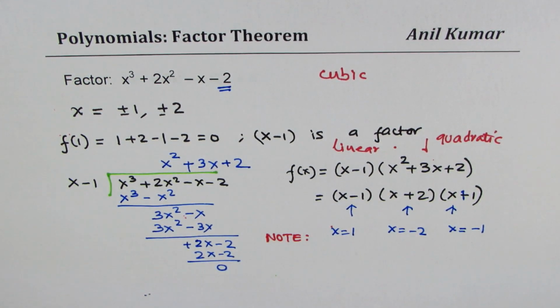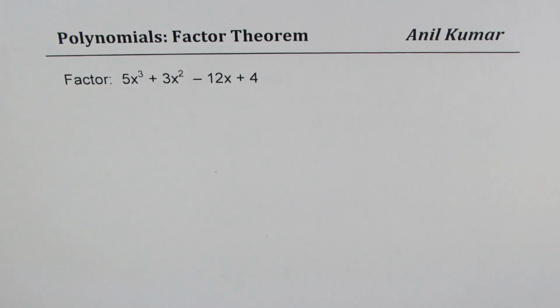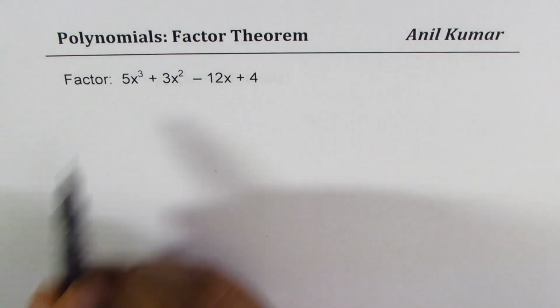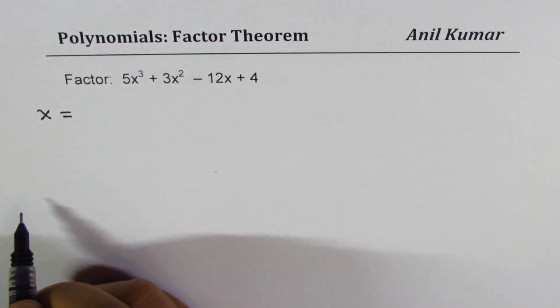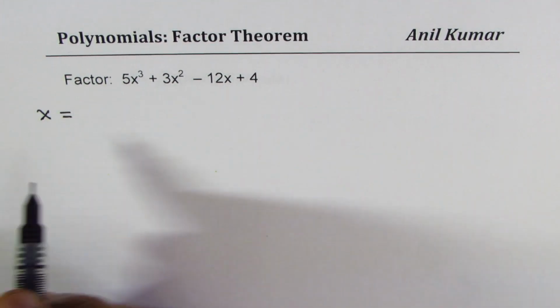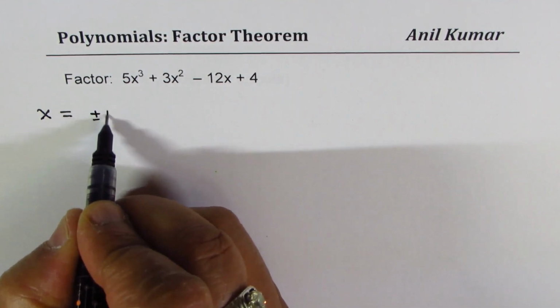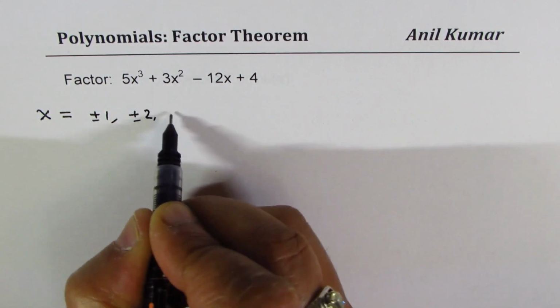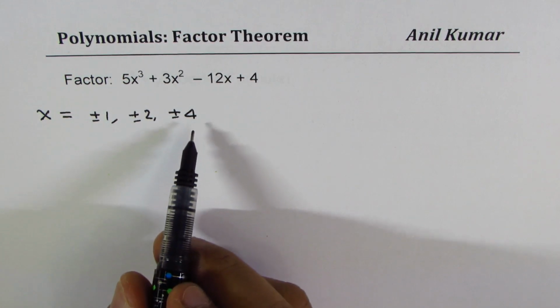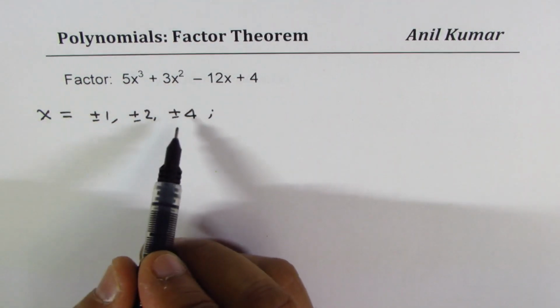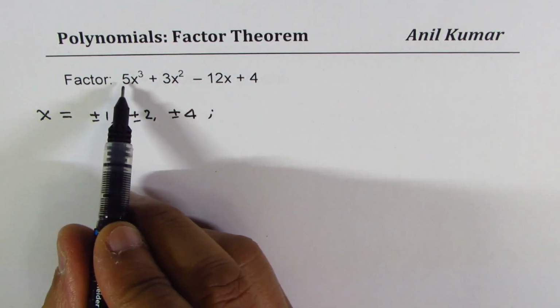Now let's move on and take an example where we have a leading coefficient. So in this particular example, we have leading coefficient 5. So what values of x should we try? All factors of 4, which are plus minus 1, plus minus 2, plus minus 4. Then we have to try the ratio of factors of 4 and 5.